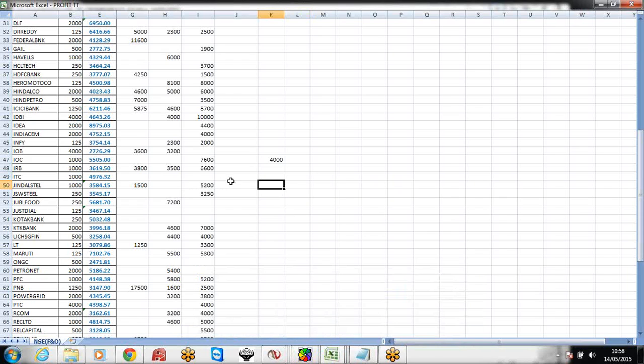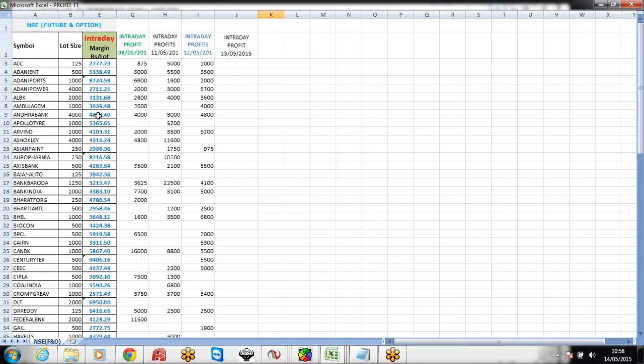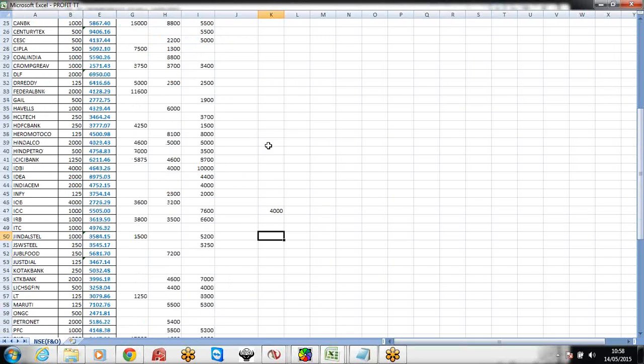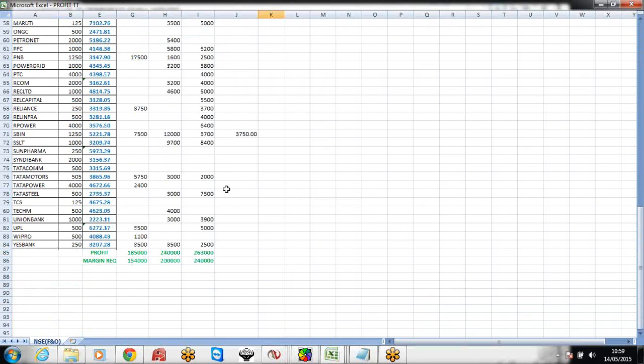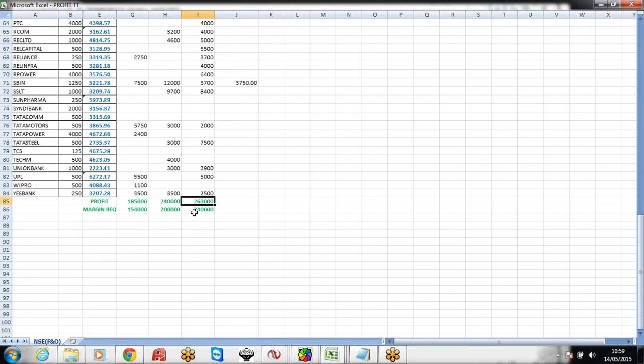Whatever you have invested, you should be able to get the returns on that. And these margins are intraday margins. It's not carryover margins. That's how we calculate. And at the end of the day, if you just check what is your investment and what is your profit, it will be very good results.